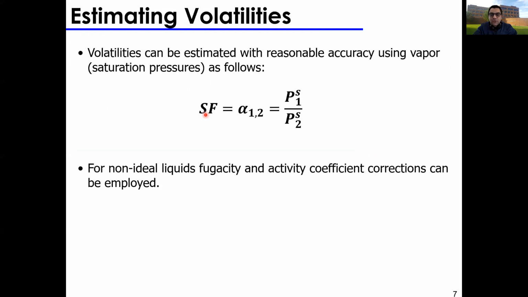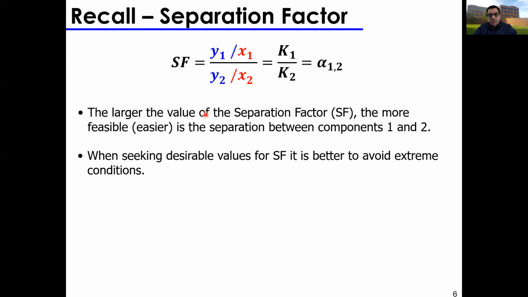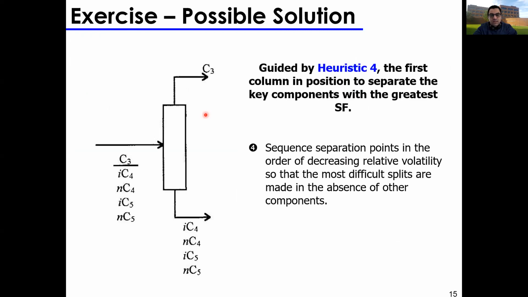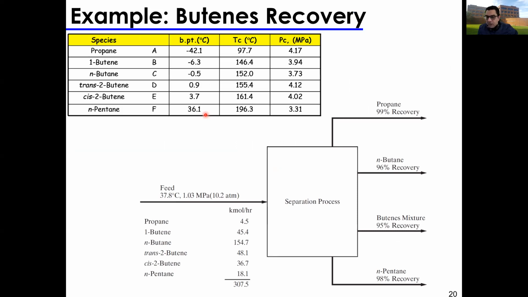Yes, use your vapor pressures, or your vapor-liquid equilibrium ratios, which in this case is not provided, right? So in this example, if you're stopping here at this slide, take a minute and calculate the relative volatilities and verify that the sequence shown on the next slide makes sense, right? It does make sense, but take a second and just go through this exercise.